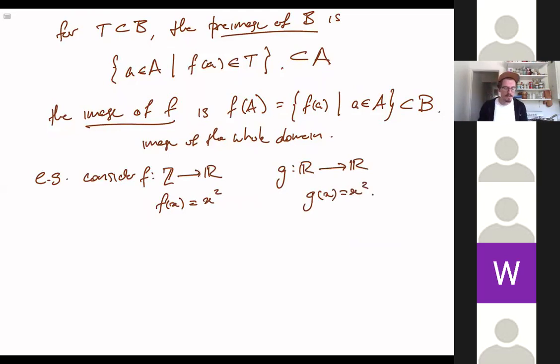So here I'm giving an example of this thing that I was talking about before. These functions have the same sort of rule that assigns one element in the domain one element in the codomain, but the domain itself is different. So these are different functions.